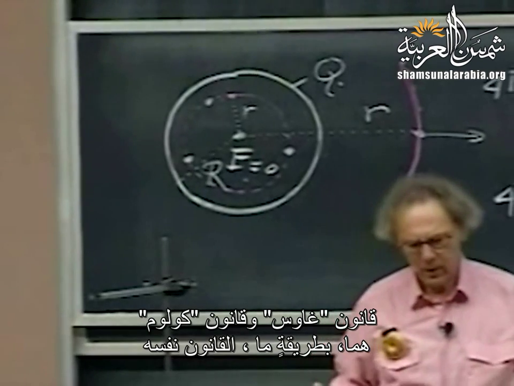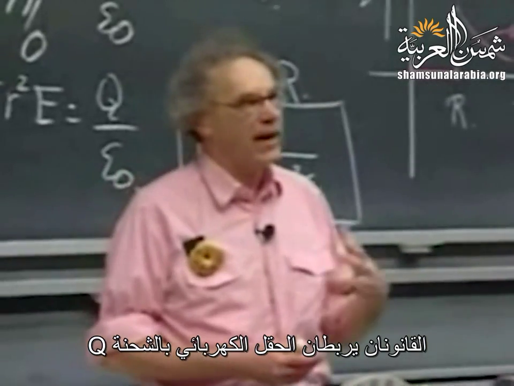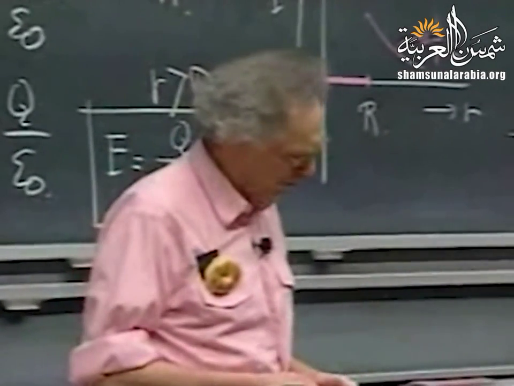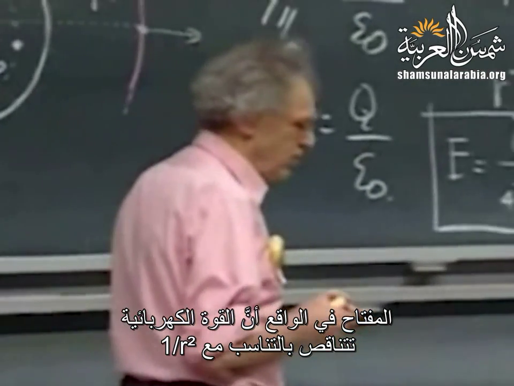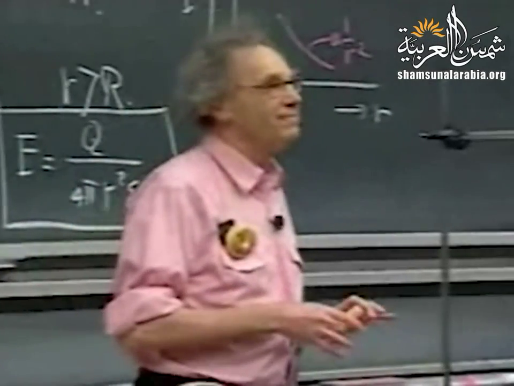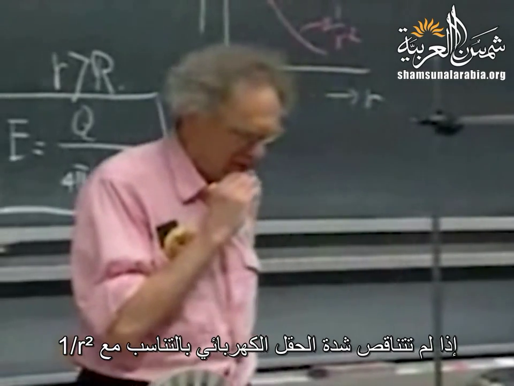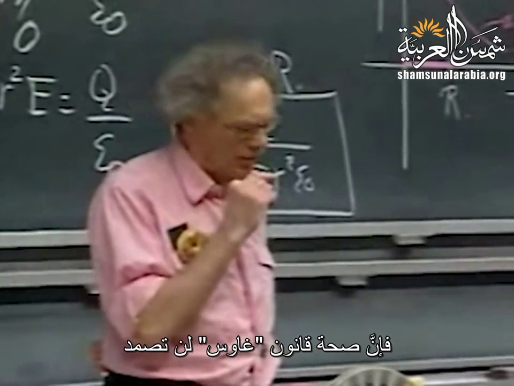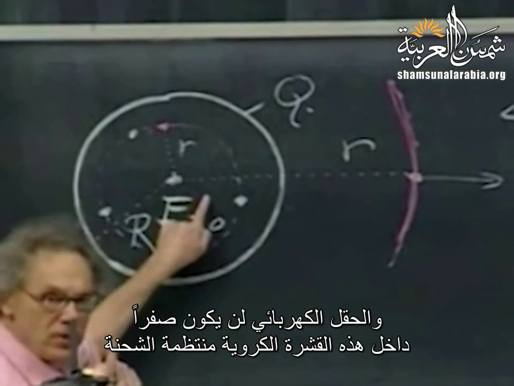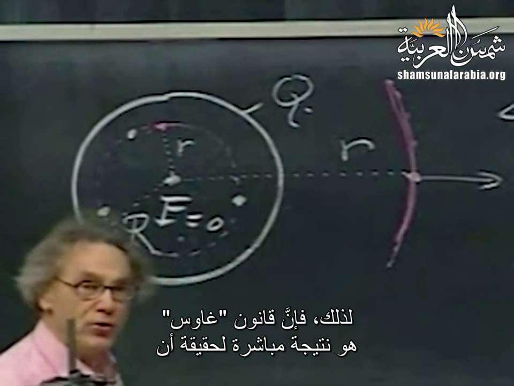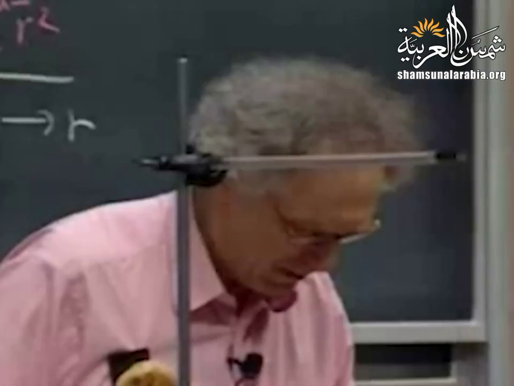Gauss's law and Coulomb's law, in a way, are the same law. They both link the electric field with the charge Q. Key is the fact that the electric force falls off as 1 over r squared. If the electric field strength did not fall off as 1 over r squared, Gauss's law would not even hold, and the electric field inside this uniformly charged sphere would not be 0. So it is the immediate consequence of the fact that electric forces fall off as 1 over r squared.